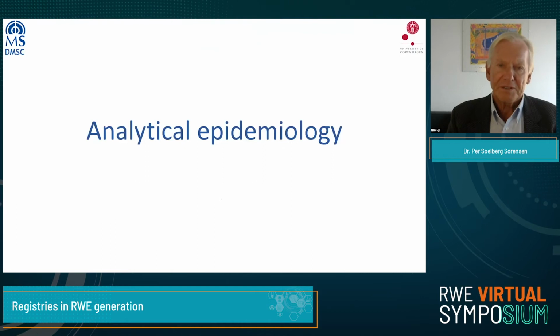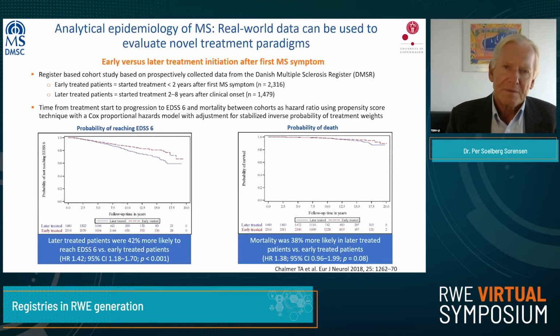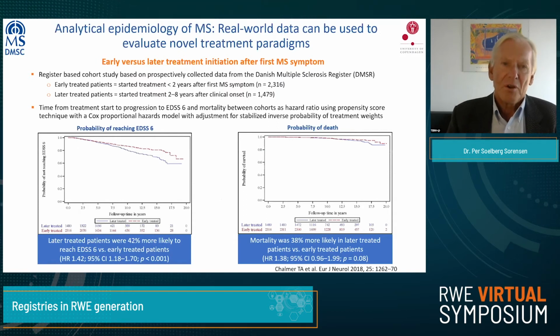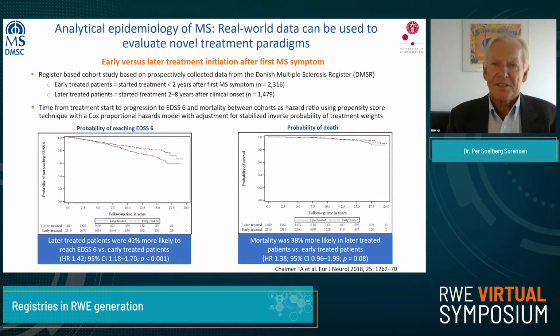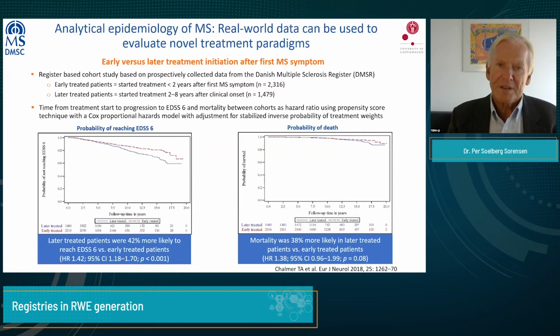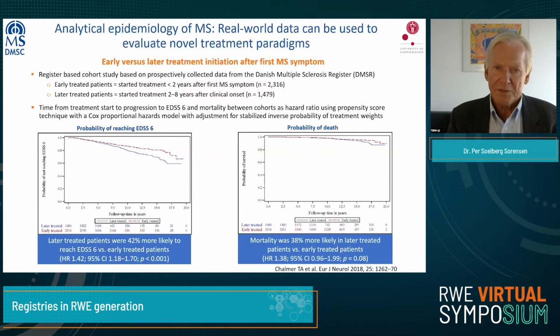If you look at the register data for analytical epidemiology, we looked in the Danish register to evaluate a novel treatment paradigm, early versus later treatment initiation after the first MS symptoms. This was a register-based cohort study based on prospectively collected data, and we looked at patients who have started treatment less than 2 years after the first symptoms compared to patients who have started treatment later.